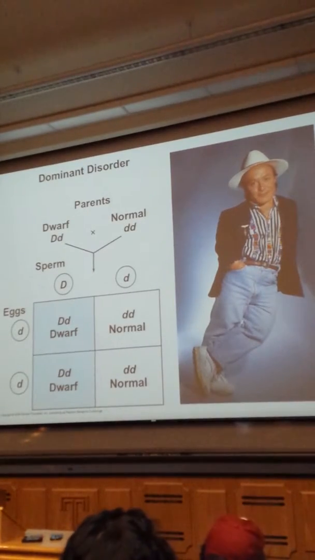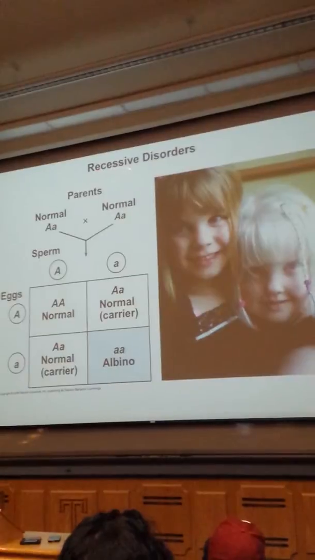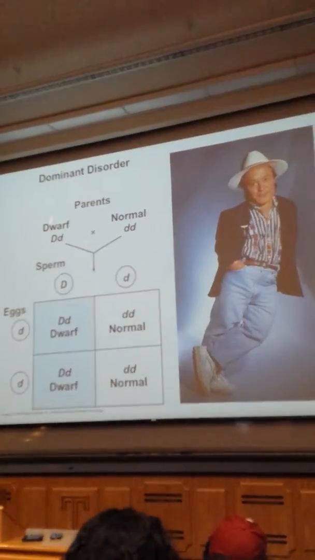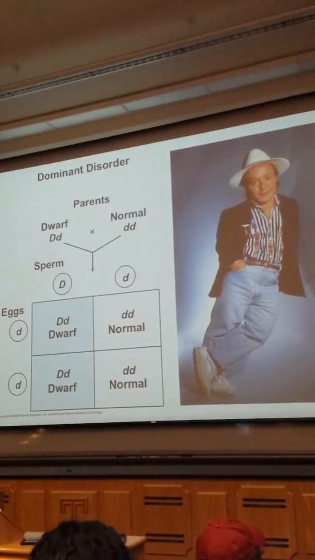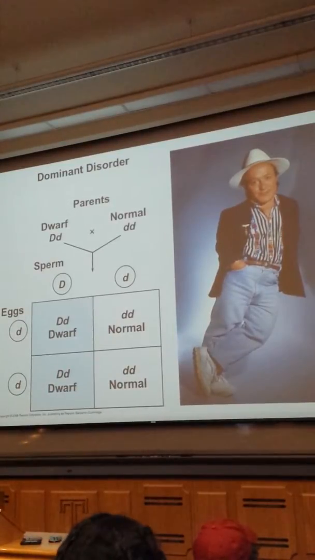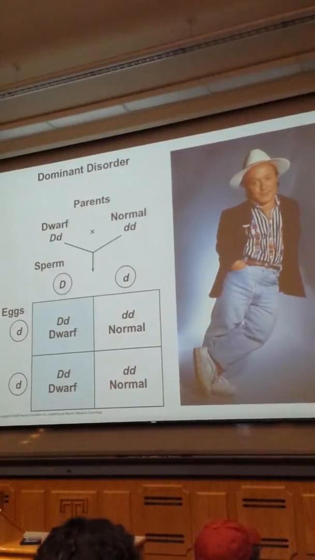So what we were looking at just now is a recessive disorder. With a dominant disorder, you have another situation. Dwarfism is a dominant disorder. It actually involves a fibroblast growth factor receptor. Remember, we talked about cell signaling and receptors binding their cognate ligands and initiating signal transduction pathways in the cell.